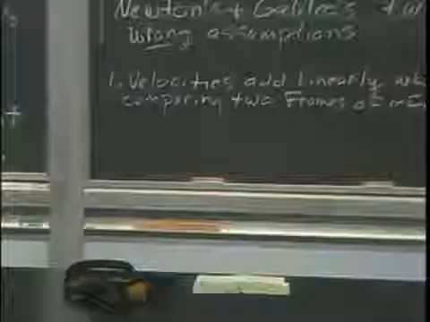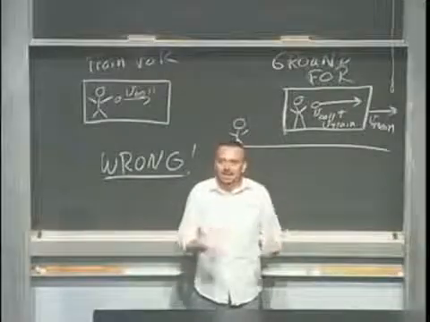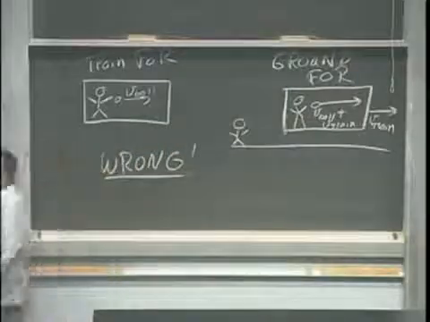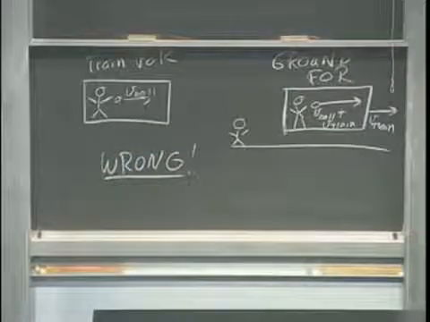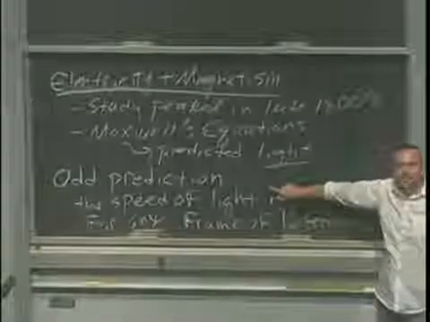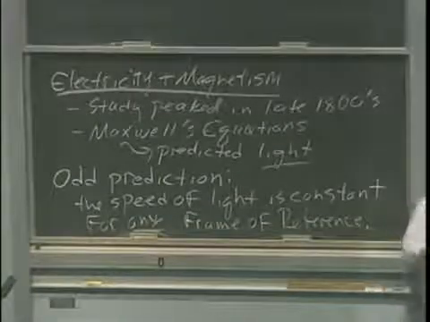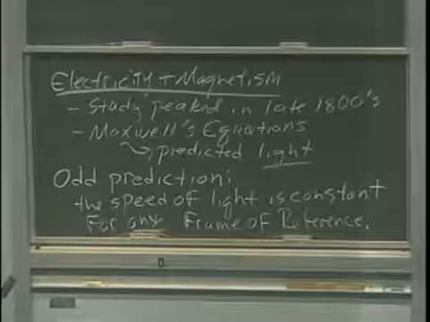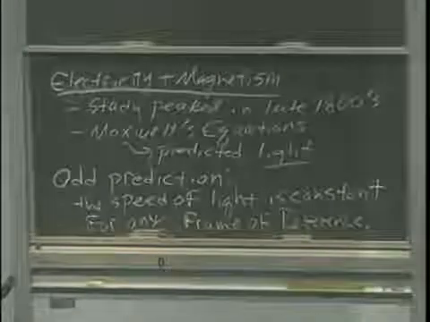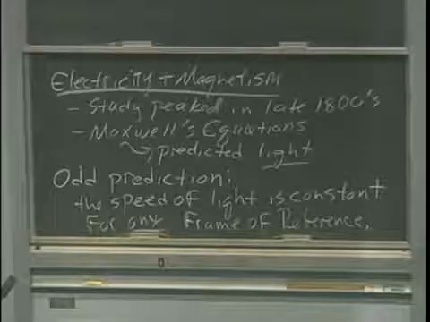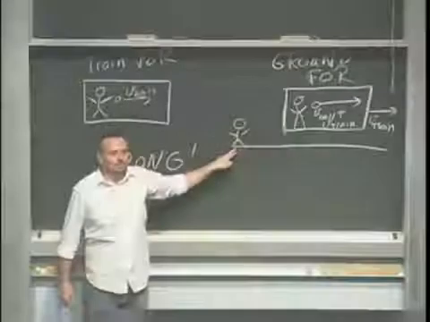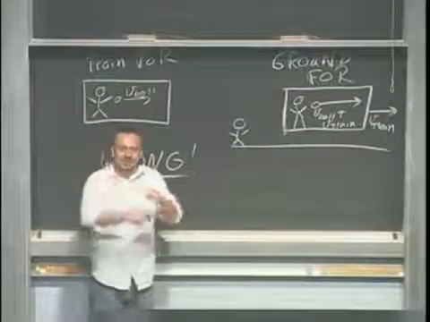The common notion that most physicists held at that point was that this prediction was actually a statement that there was some special frame of reference in the universe. We've talked about lots of different frames of reference. We've got the person on the train's frame of reference, and the ground's frame of reference, but that's on the Earth, which is orbiting the sun.